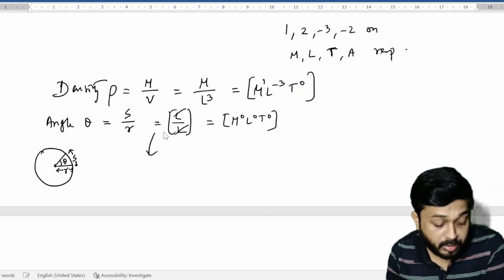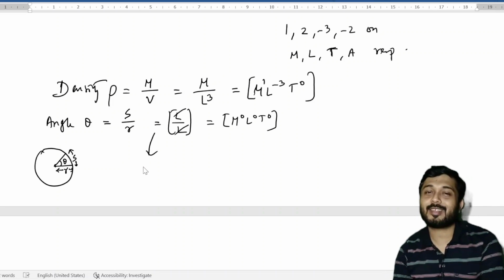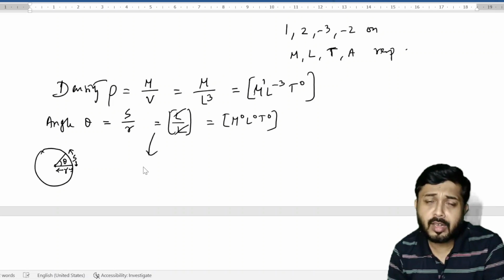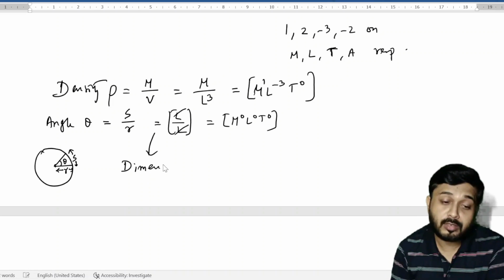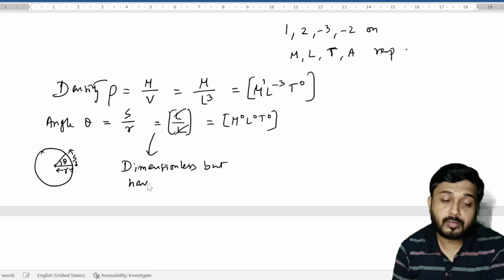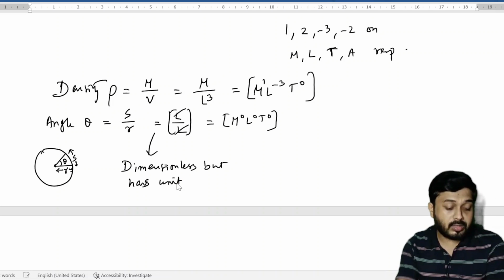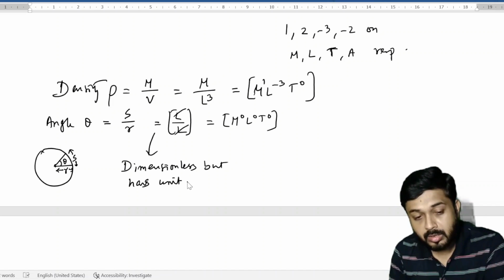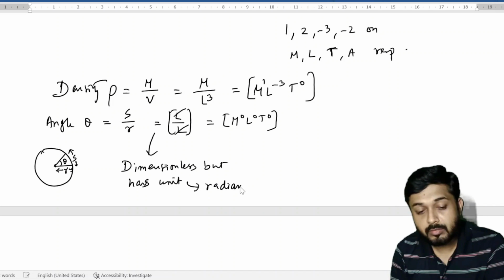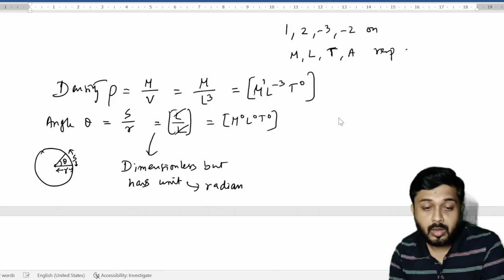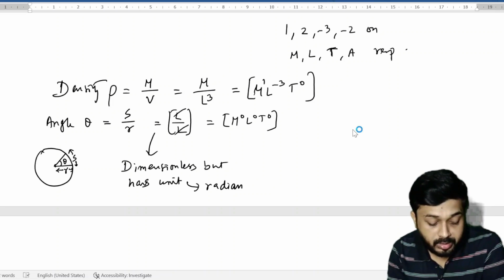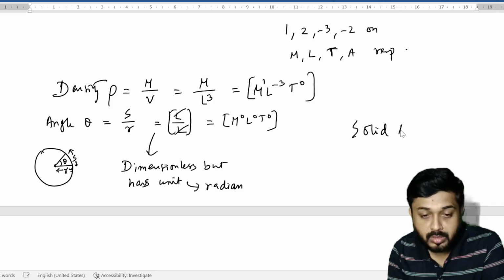Dimensionless quantity, but not unitless. Keep it in mind. Yes, all dimensionless quantities are not unitless. There are some exceptions, right? One such exception is angle, dimensionless but having units. Dimensionless but has unit. What is its unit? Unit is radian. Okay, so one more such thing is solid angle.